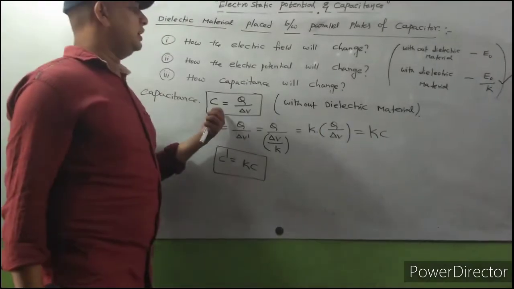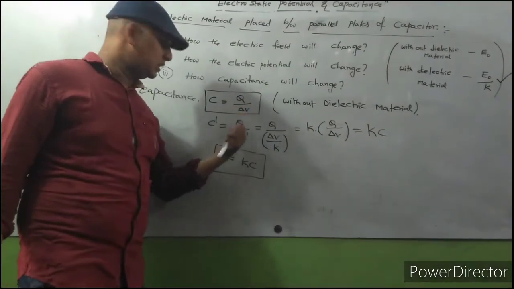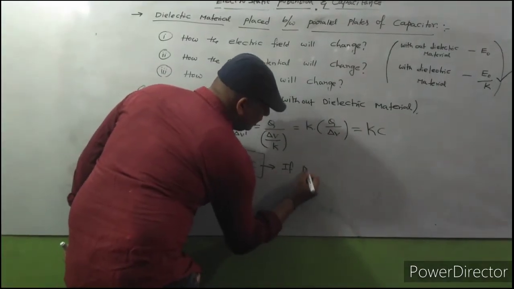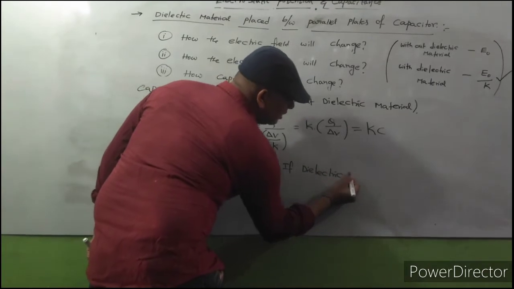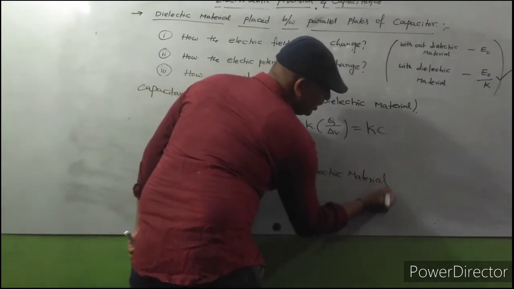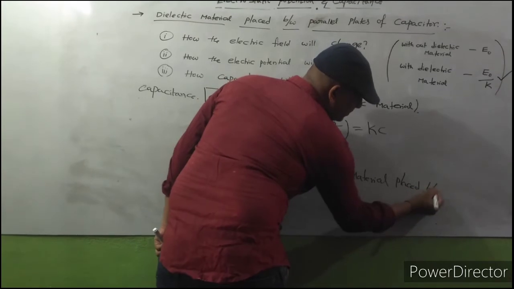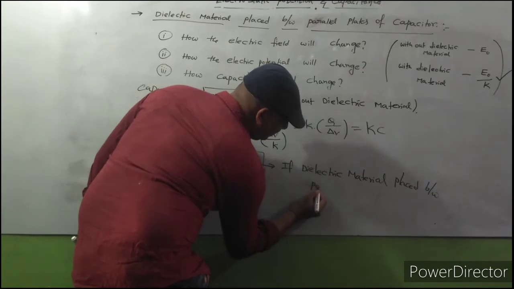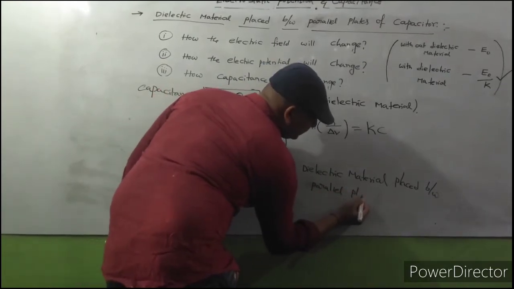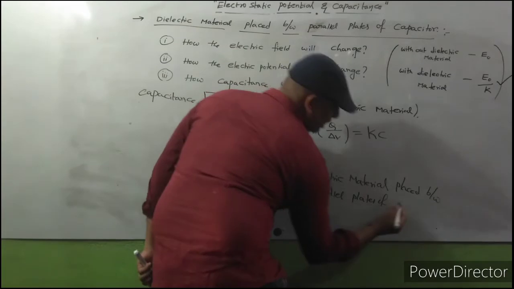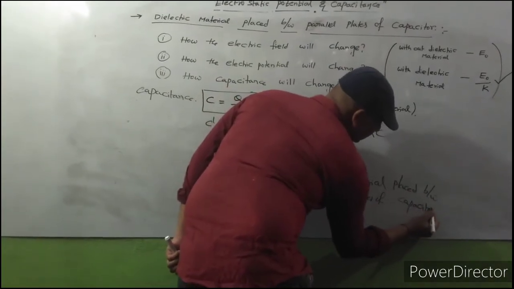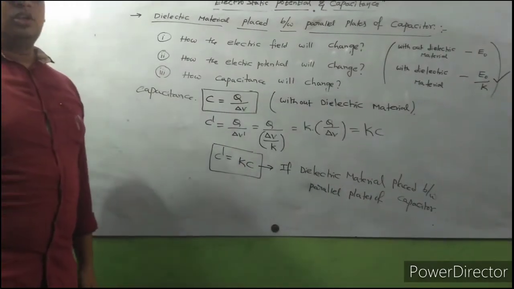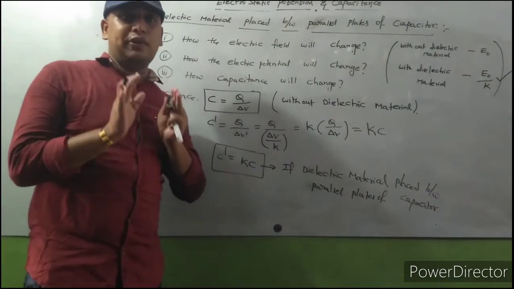Without dielectric material, the capacitance formula is C equals Q by delta V. If dielectric material is placed between the parallel plates of the capacitor, then capacitance will change to C dash equal to K into C. So I hope all of you understood this.